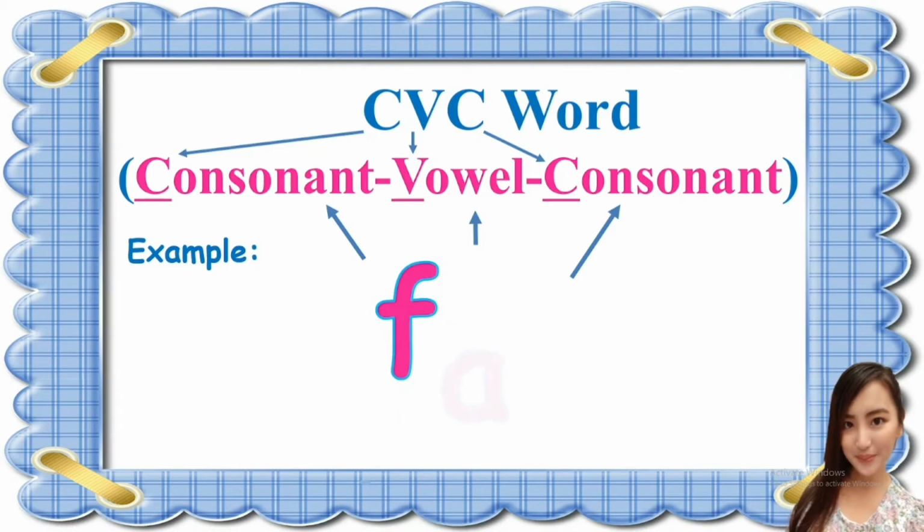Another example, F-A-T, fat. Fat is a CVC word because F is a consonant, A is a vowel, and T is a consonant.